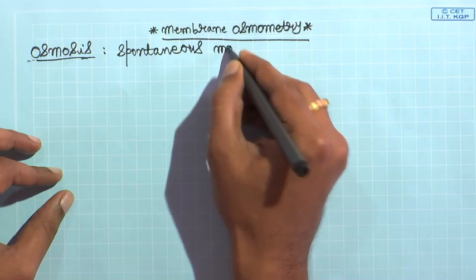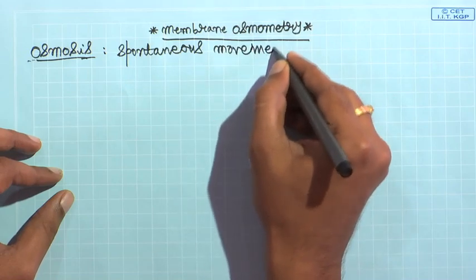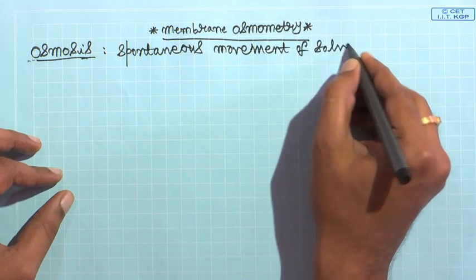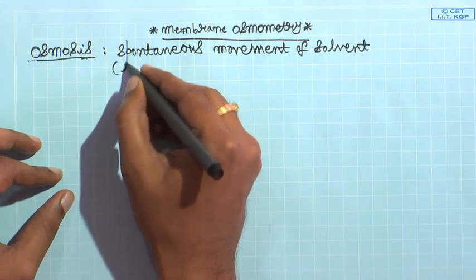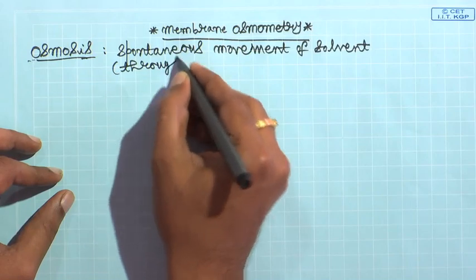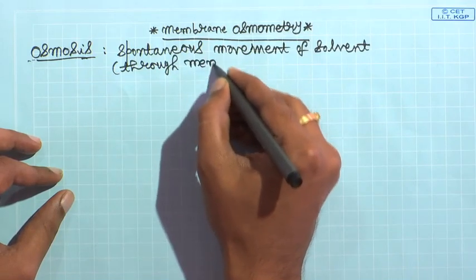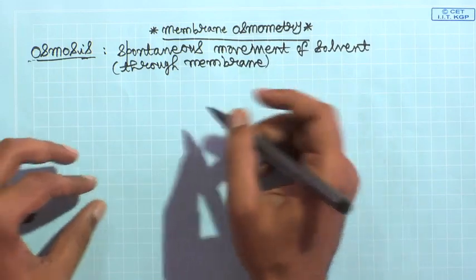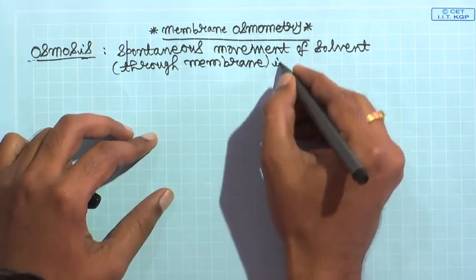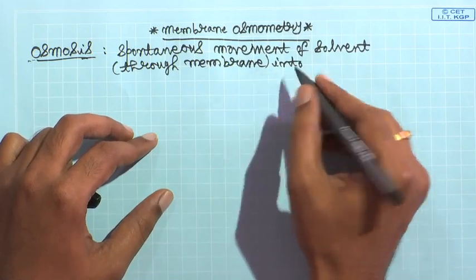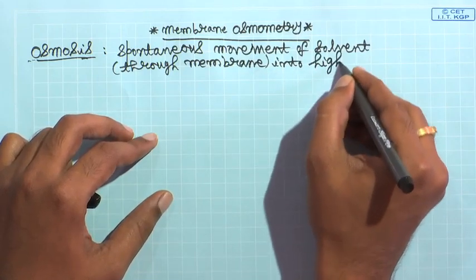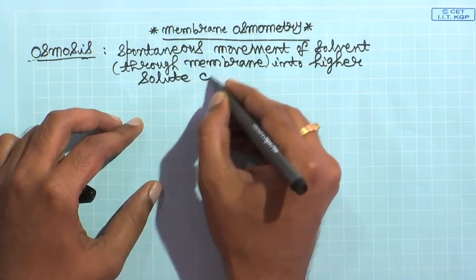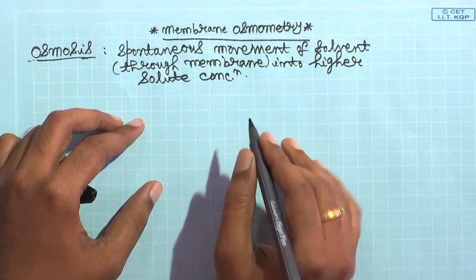So, this is the spontaneous movement of solvent through a membrane into higher solute concentration.